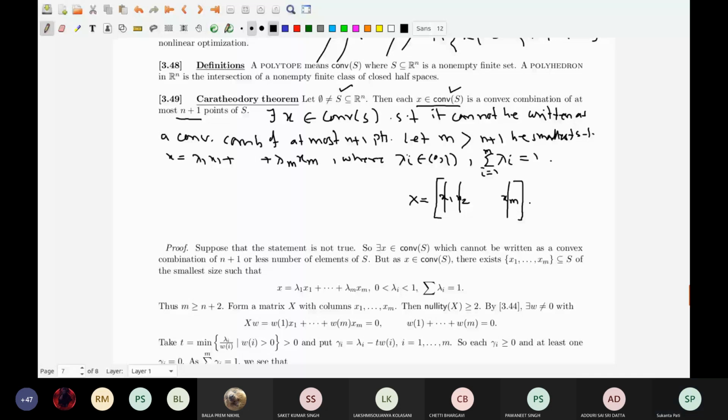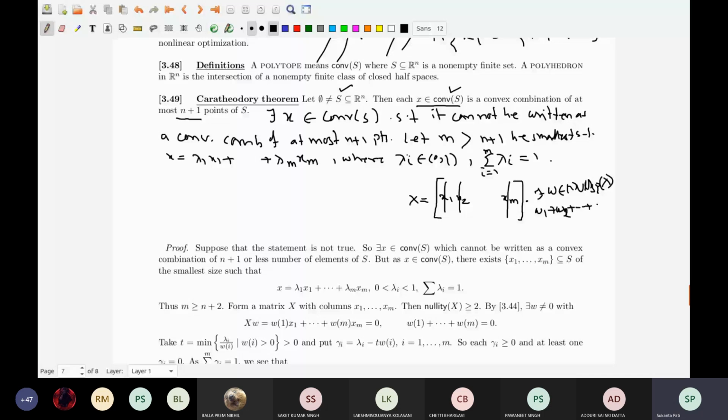There exists a vector w in the null space of X, a non-zero vector, such that the sum of the entries w1 plus w2 plus ... plus wm is equal to 0.